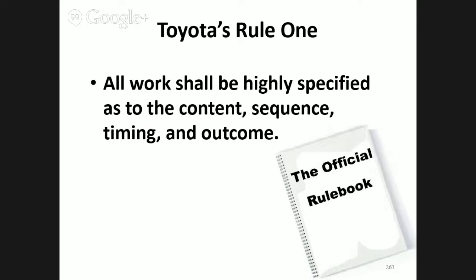First of all, work shall be highly specified as to the content, sequence, timing, and outcome. That basically says there will be an SOP. This will be the way we do it. This will be the way we do it every time. We will never do it any other way unless we have a project and change the SOP. So there's no other way to do it. There's only one way to do it.